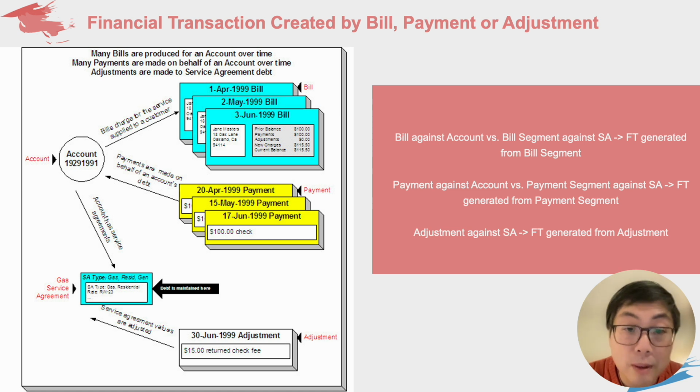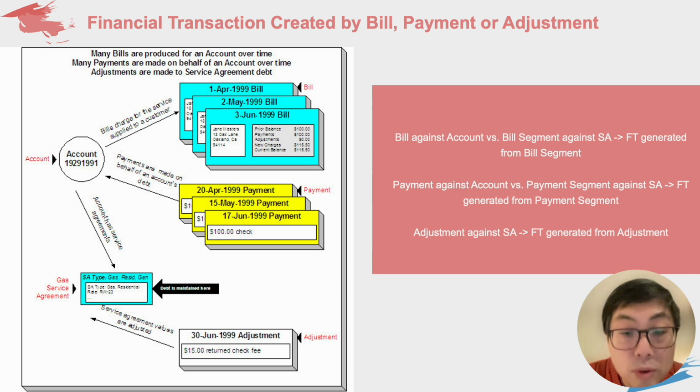We talked about the example of dual fuel, electricity and gas. We have two SAs. If you generate a bill for this account, you're going to have two bill segments, one for electric, one for gas.